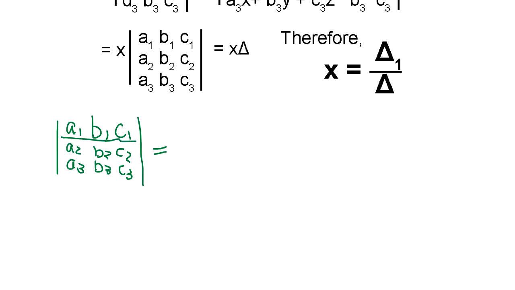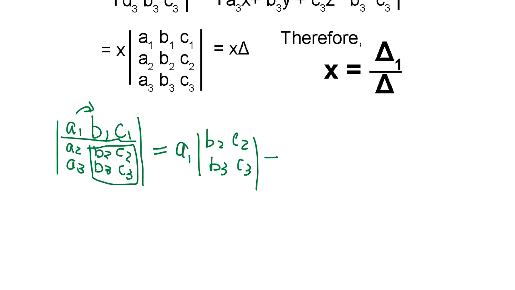Say we take this row, then a1 is going to give this determinant b2, c2, b3, c3, and the next one, minus b1, gives this because it excludes this and this.